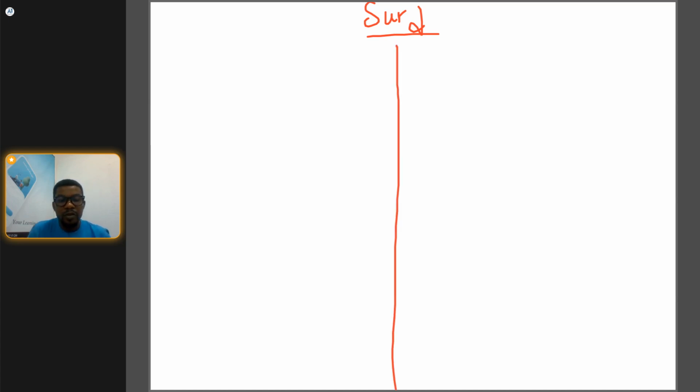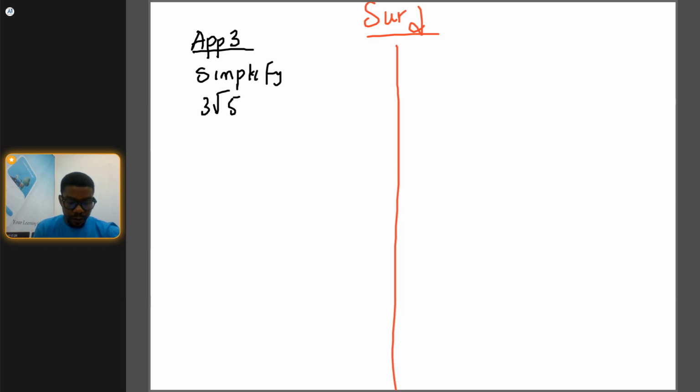Okay, so the last application we did was application 2. So this will be application 3 for today's class. I want to consider this question. Simplify 3 root 5 multiplied by 4 root 6 over 2 root 5.